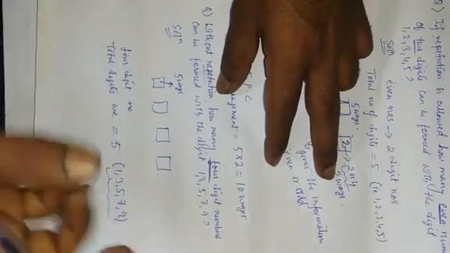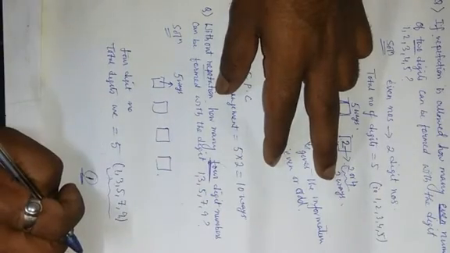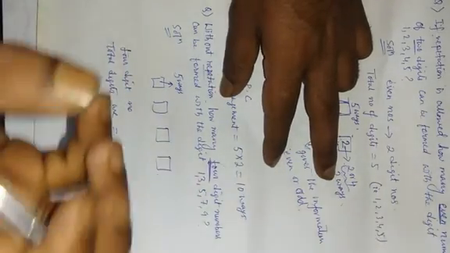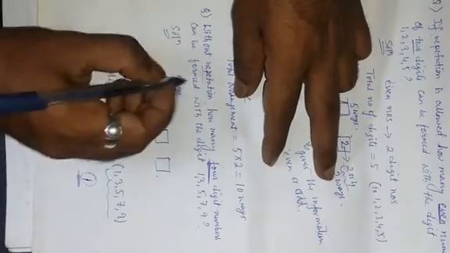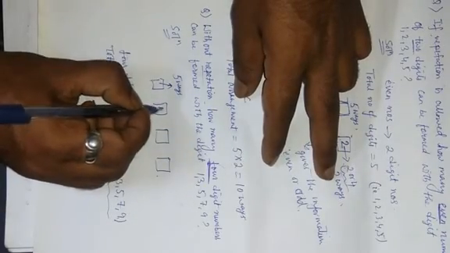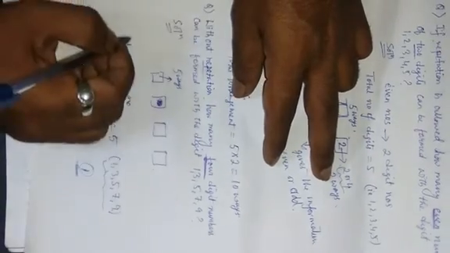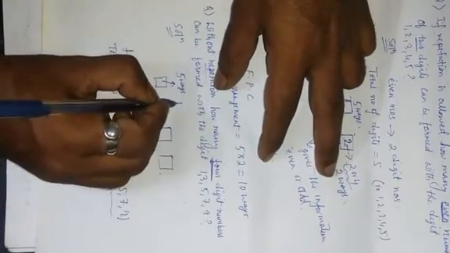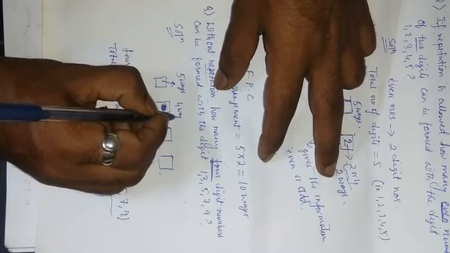Yes, correct. There are 4 digits. Now from those 4 digits, I will place any one of the digits in this box. So to fill this box there are 4 ways.